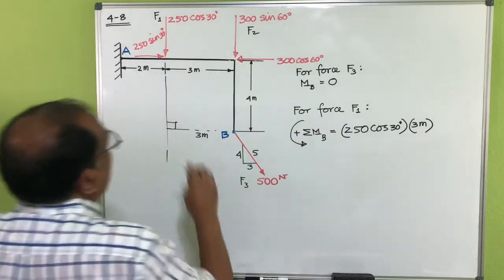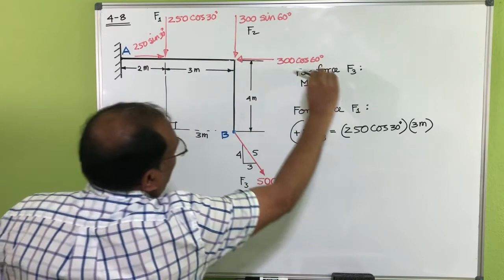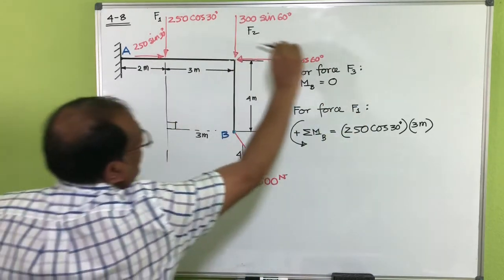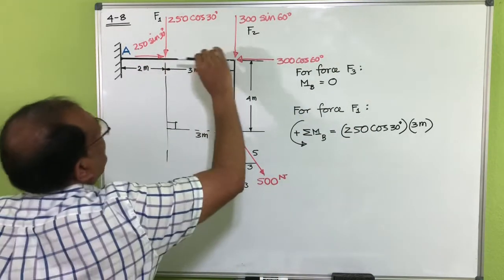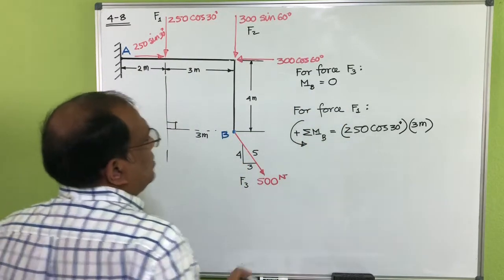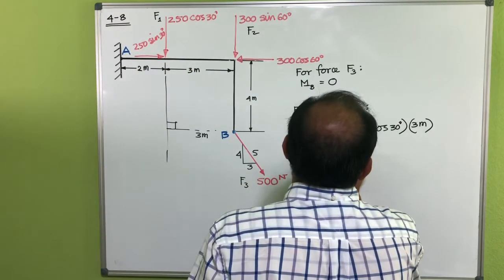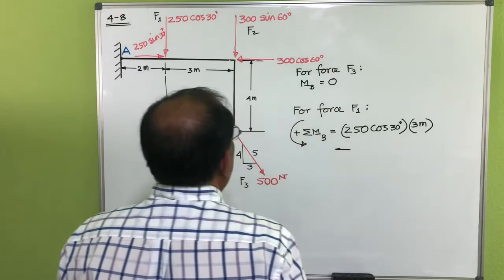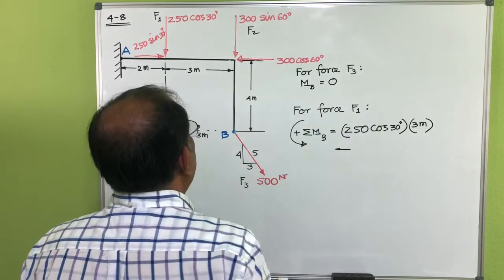Now you can see this one is actually trying to rotate that one like this, right? If you just go and try to rotate along that point B, which is basically clockwise, so I'll put a negative sign because counterclockwise is positive.